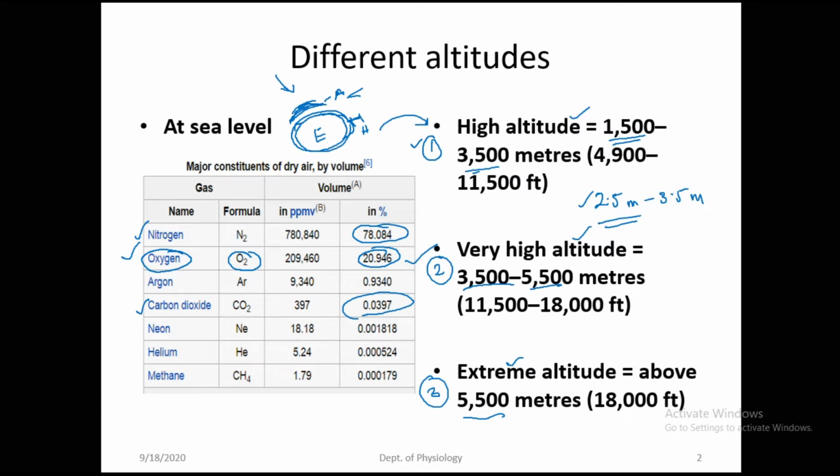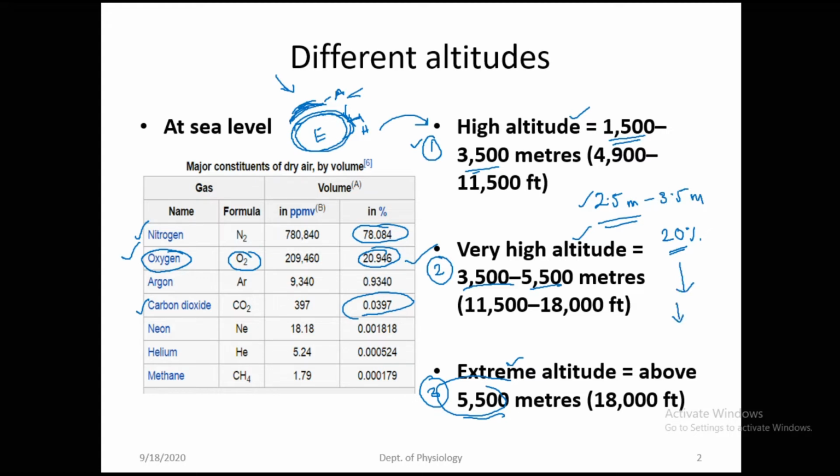The oxygen concentration, the percentage of oxygen, is 20 at sea level, at the surface of the earth. As you ascend further and further towards extreme altitude, the percentage gradually drops, right?